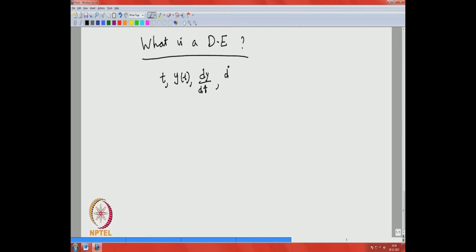It can also include d square y by dt square, and so on, up to d power n y by dt power n, and you will have a relation connecting these. So formally I can define a differential equation as a relation connecting an independent variable.